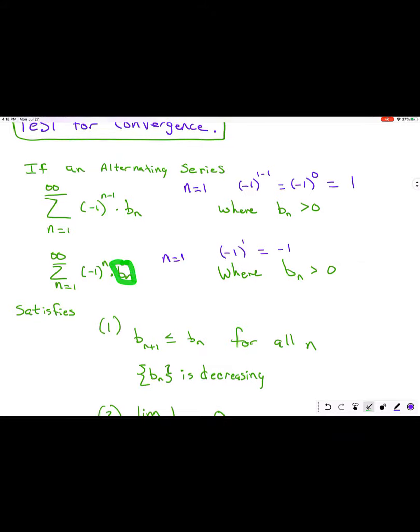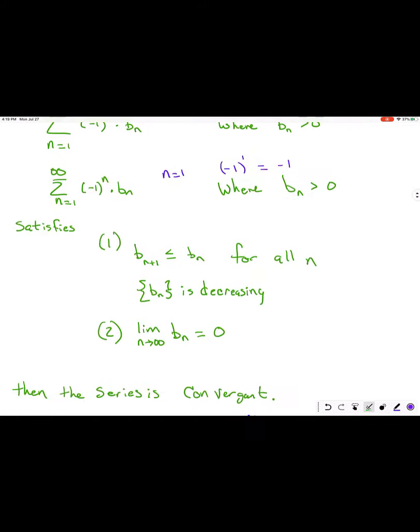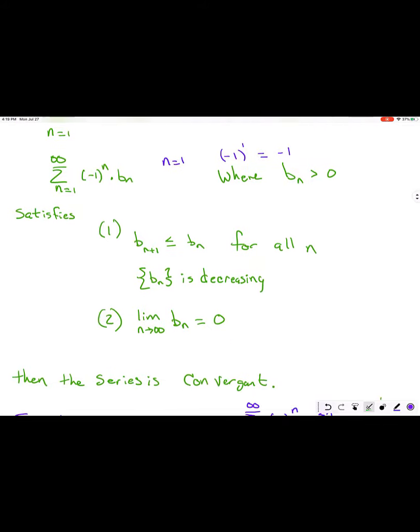The b sub n part has to be positive, always bigger than 0. If our series satisfies these two conditions, then it's convergent. The first condition is that b sub n plus 1 is always smaller than or equal to b sub n for all n.